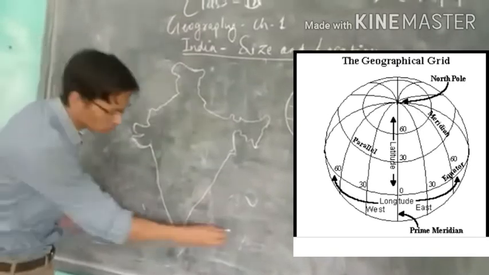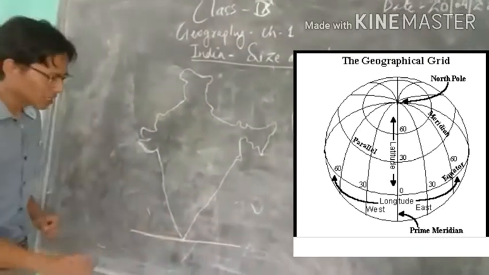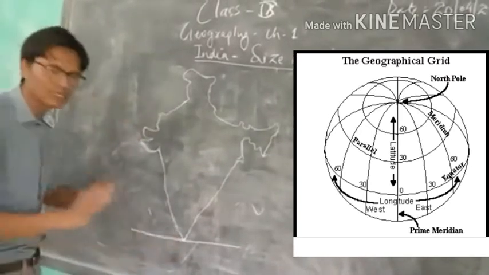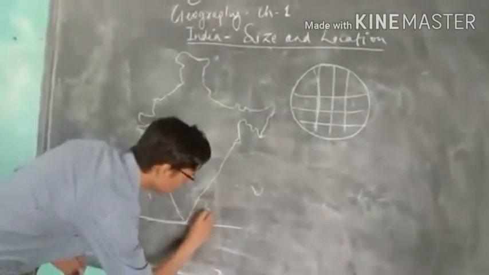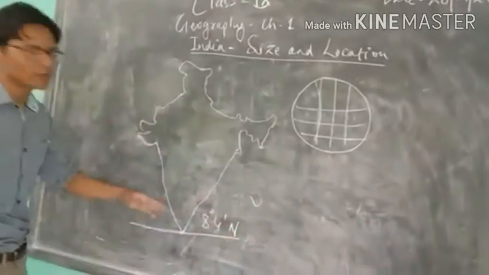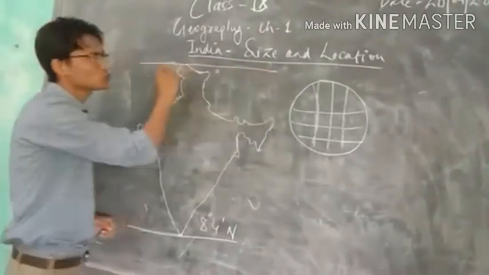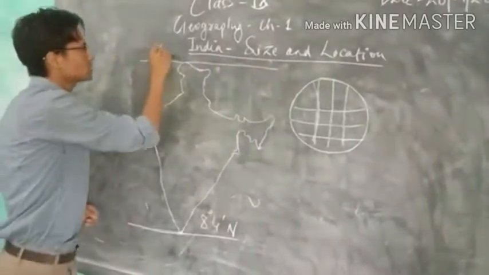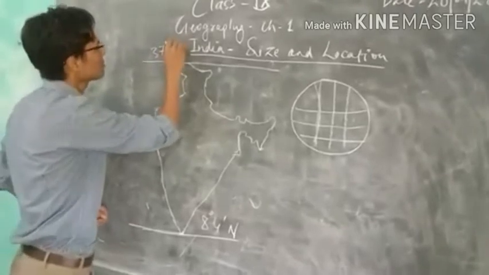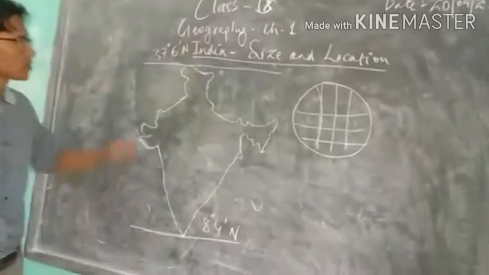The southernmost latitudinal line is 8 degrees 4 minutes north, and the northernmost point is 37 degrees 6 minutes north.